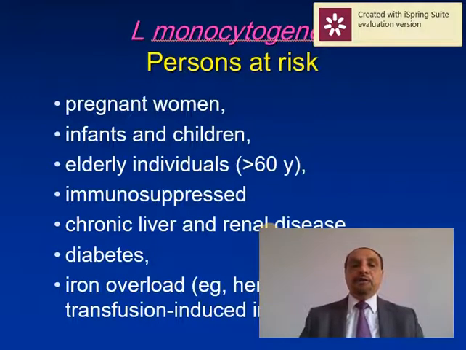Elderly individuals above 60 years old. Immunosuppressed people. People with liver disease and renal disease. People with diabetes. People who are receiving iron overload, like hemoglobinopathies and hemochromatosis, due to frequent transfusions.